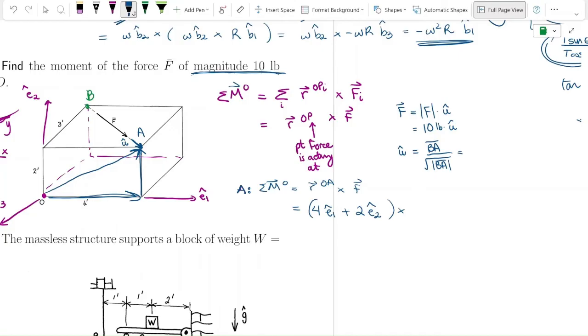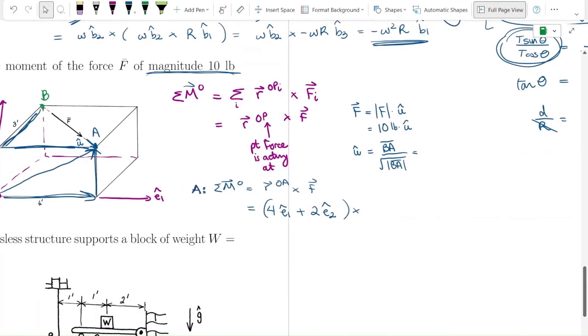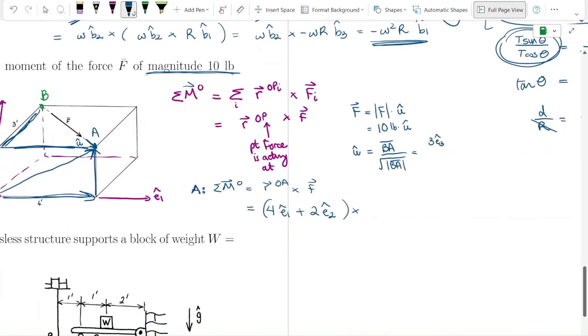So if B to A is 3 feet in the e3 hat direction and then 4 feet in the e1 hat direction, we have 3 e3 hat plus 4 e1 hat divided by the magnitude, which is the square root of 3 squared plus 4 squared.